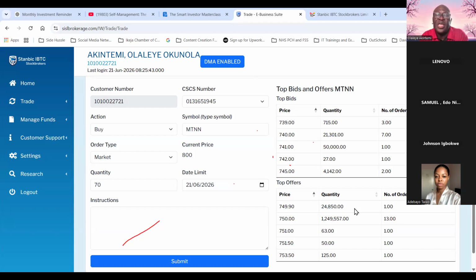Now, somebody is offering to sell it at 750, and even somebody is offering to sell it at 753 naira 50 kobo. If I decide to be generous and bid for 760 naira, will they sell to me? Yes. Why will they sell to me?